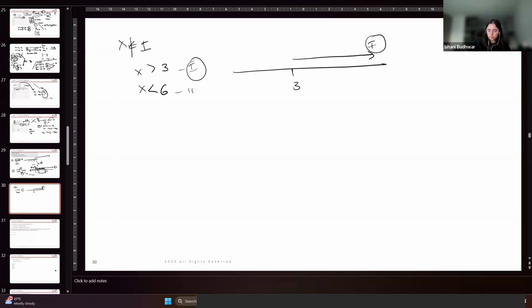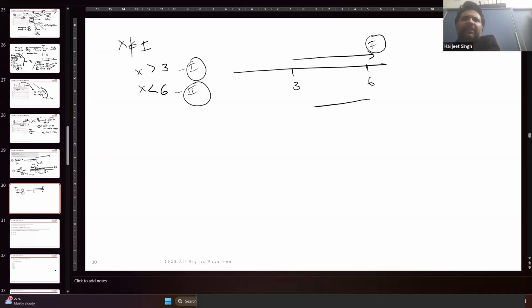Mm-hmm. And second equation is what? X less than 6. So if this is 6, second equation starts from here. So the common area is this. So my answer will be 3 less than x less than 6.